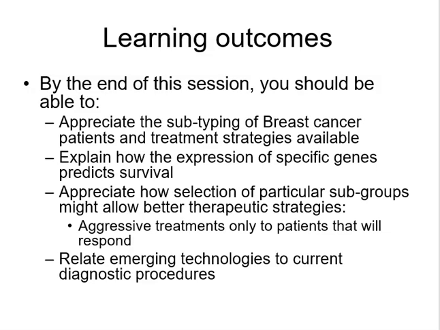So there are lots of different ways in which a patient can come into clinic and be given a different therapy based upon different features of that individual patient, and that's what we mean by stratified cancer medicine. We're going to be talking about one specific test, which is the Oncotype DX test, which looks at the expression of specific genes and uses those to predict patient survival.